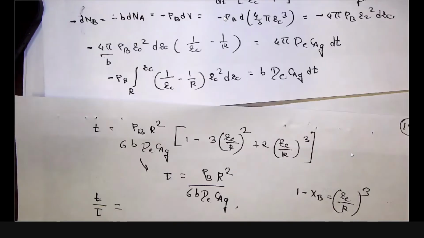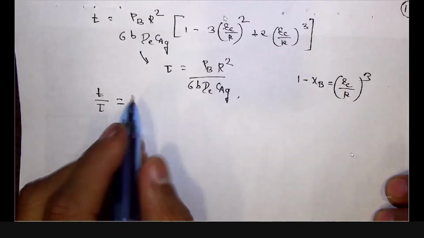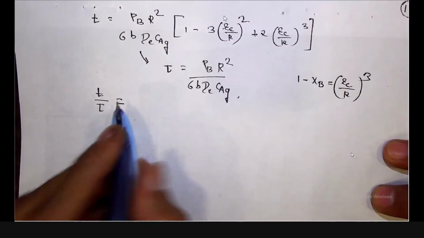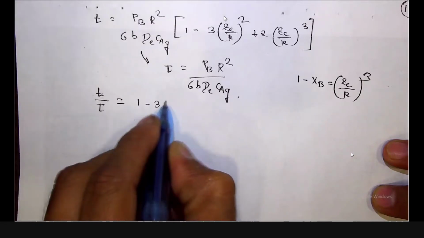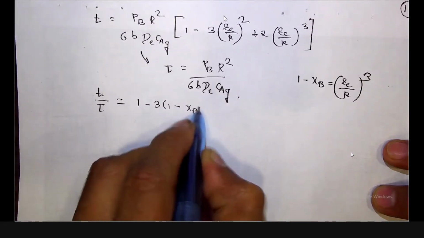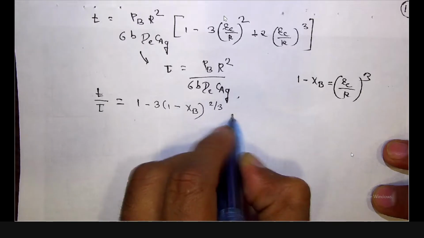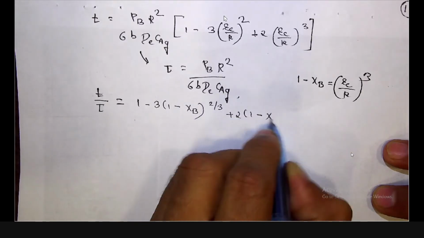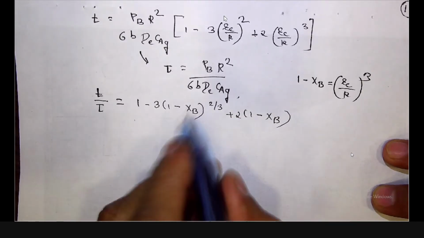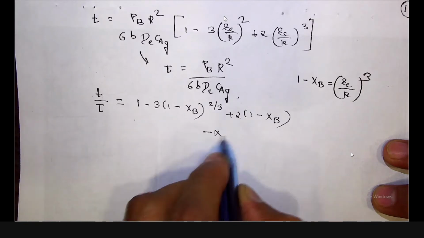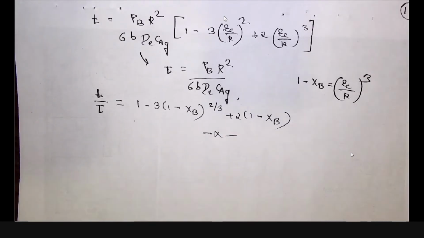This final expression will be t upon tau is equal to 1 minus 3 (1 minus XB) to the 2 by 3 plus 2 (1 minus XB). Okay, so this is the final expression that you can get for the ash layer control.